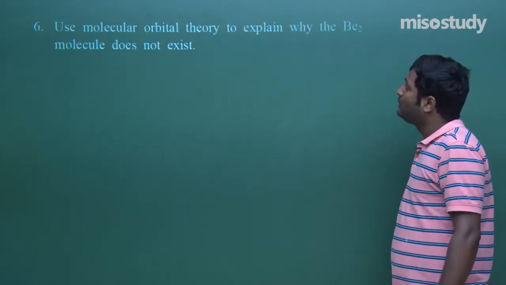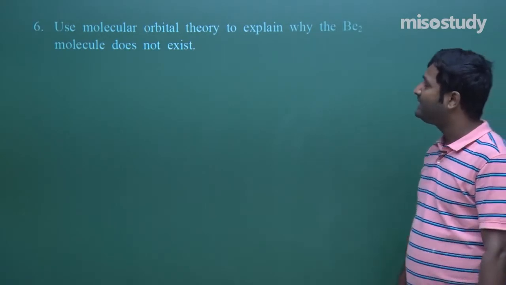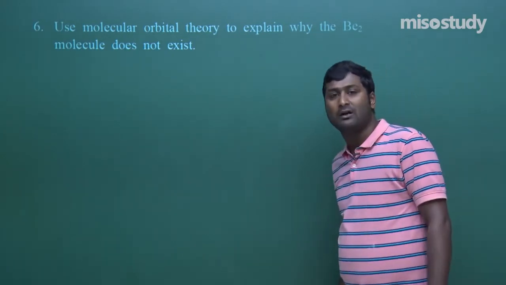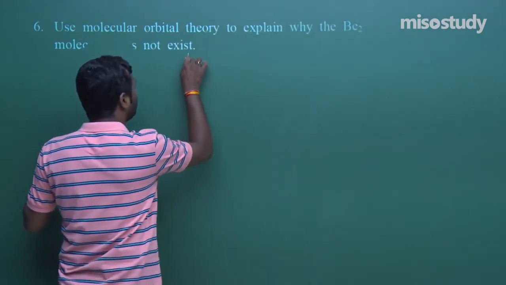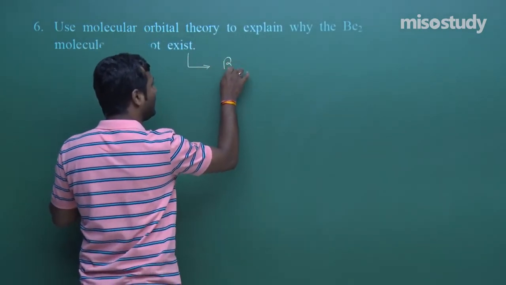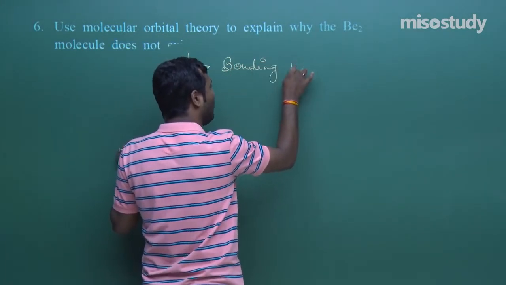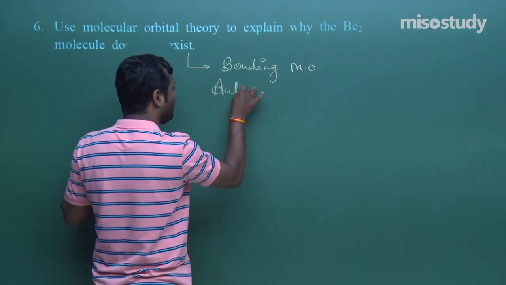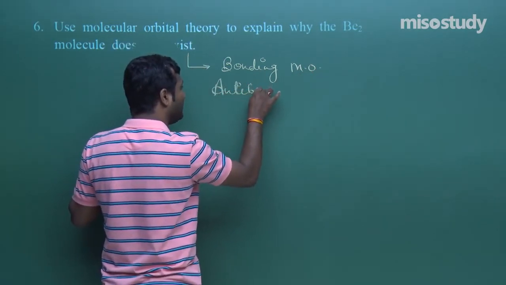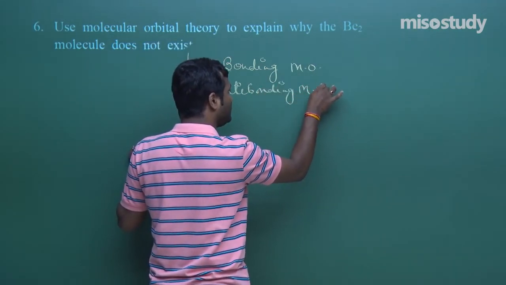Question number 6. Use molecular orbital theory to explain why Be2 molecule does not exist. Clear to you? Look, what is molecular orbital theory? As we know, there are two types of molecular orbitals, the bonding molecular orbital and the anti-bonding molecular orbital, my friend.